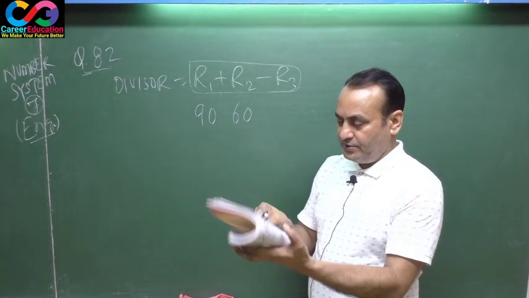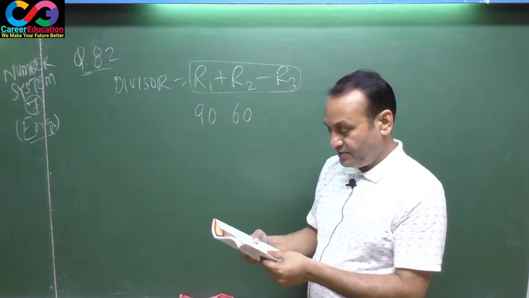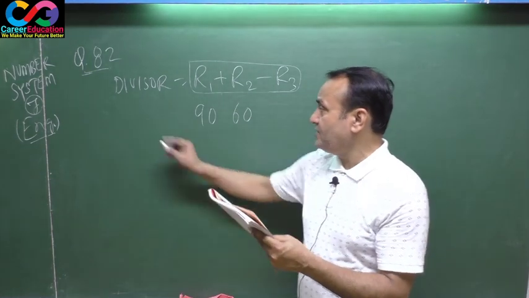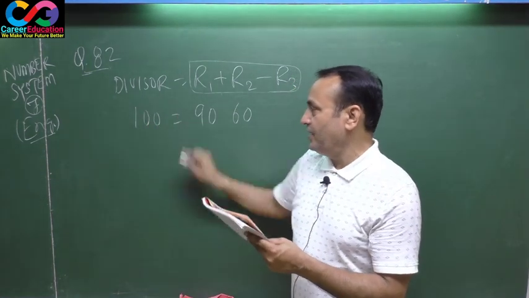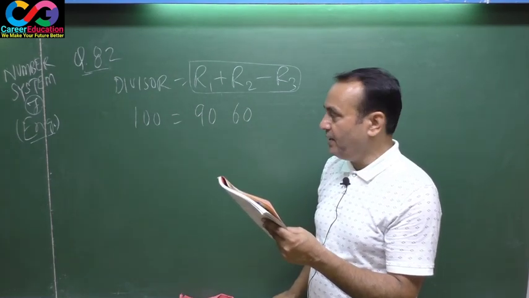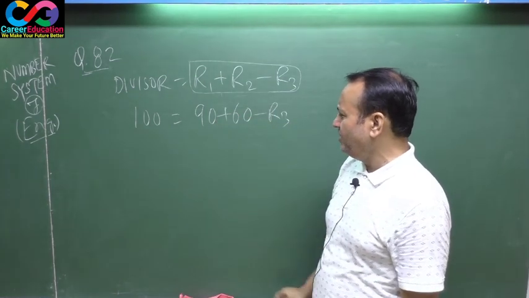The divisor is 100 here. What will be the remainder if the sum of the numbers is divided by 100? That means R3 has been demanded.